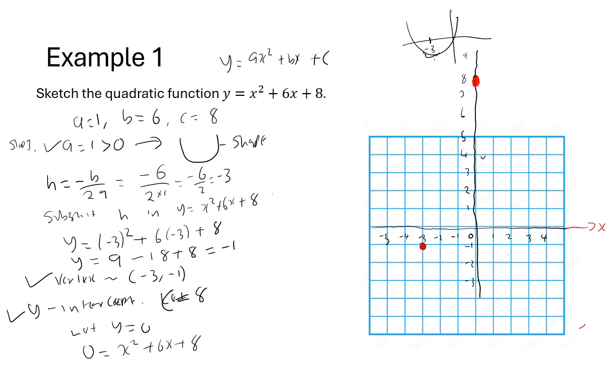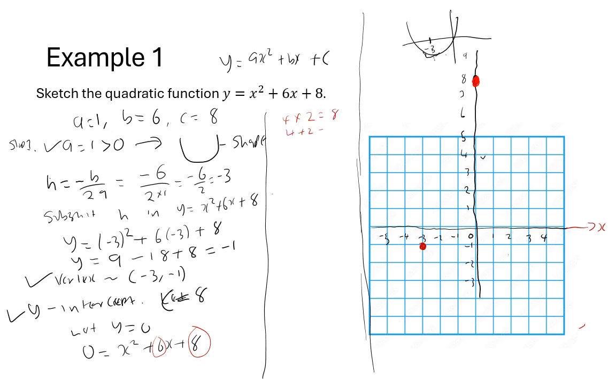To solve this, we look for numbers that, if you multiply them, we get 8, and if you add them, we get 6. Looking at this, the numbers are 4 and 2. 4 times 2 is 8, and 4 plus 2 is 6.